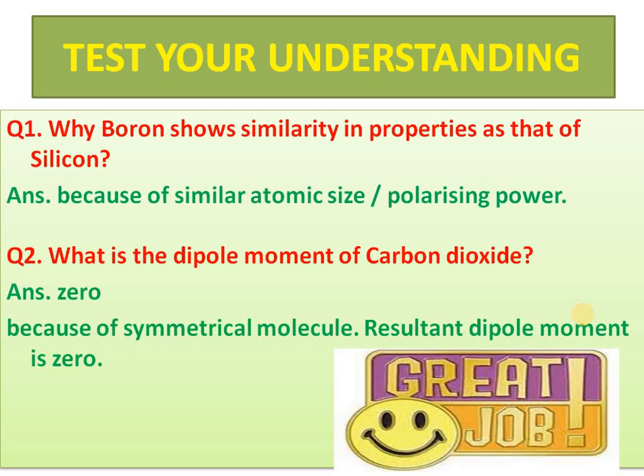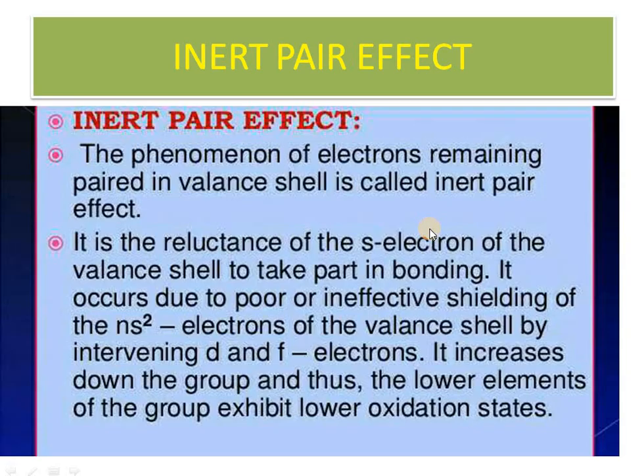This is the reason. The dipole moment of carbon dioxide will be 0. If you see the diagram which we have shown earlier, the dipoles are towards oxygen, on opposite sides of the central carbon, so the angle between the two bonds is 180 degrees and the resultant dipole would be 0.